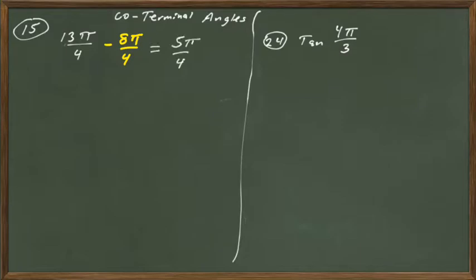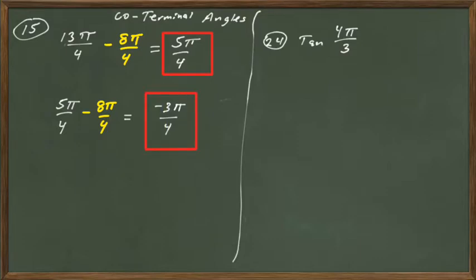That's a valid answer. That's a positive coterminal angle. Now if I had 5/4 and I added another negative 2 pi, another negative 8/4, that would give me negative 3 pi over 4. Now I have two coterminal angles. One is positive, one is negative.